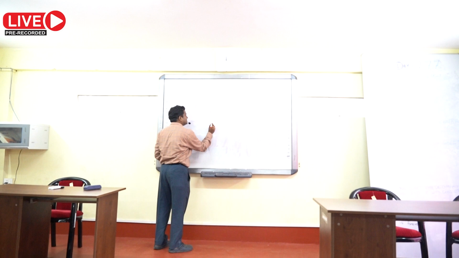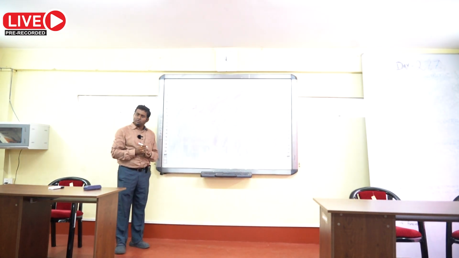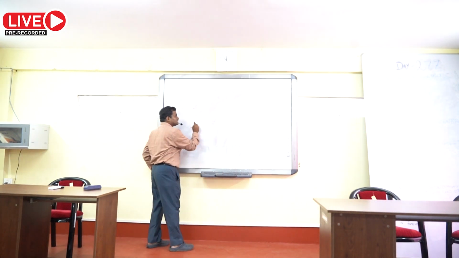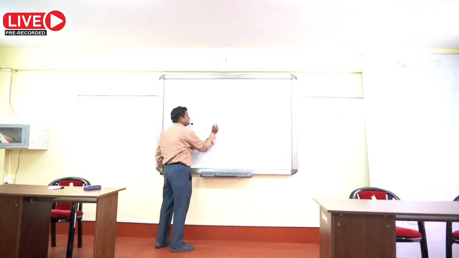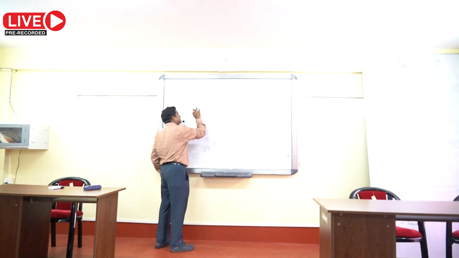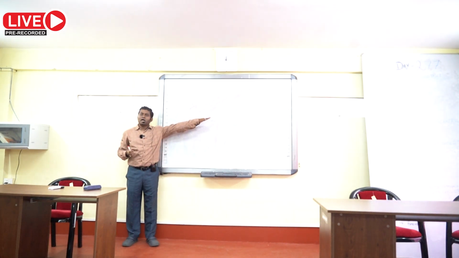So I can consider this mass is m, this mass is m. This mass is moving along the x-axis and this mass along the y-axis with the same speed. Let us consider the speed is v. The momentum will be mv i cap and mv j cap.